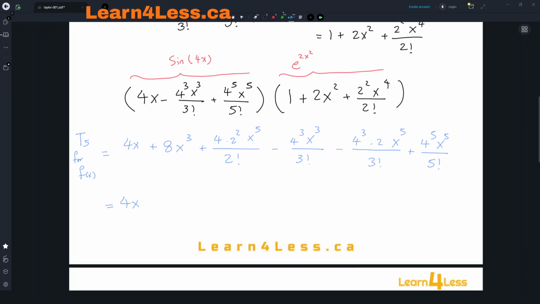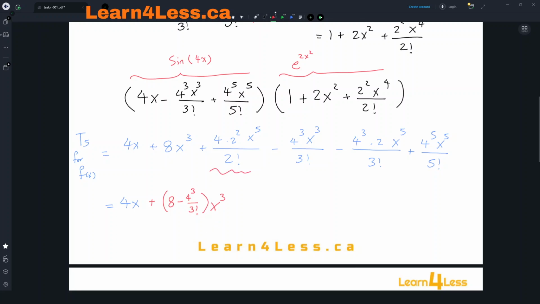Then I have two terms where the power of x is 3. So I just write x cubed multiplied by the coefficients, which is 8 minus 4 cubed over 3 factorial. I'm just factoring the x cubed out, and to make it look conventional, I put the x cubed after the bracket.